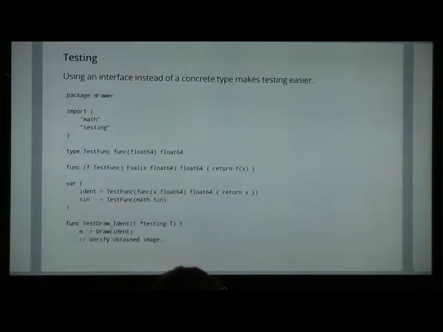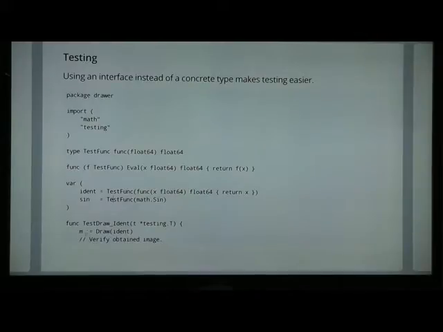And that's something really nice, because now testing the drawer is very easy. You could create a test function, which is again a function, and if you call Eval on it, it just evaluates the function that is inside. You could say, okay, I want to have this identity function that, if I get x, I return x, and I also want to use the sine function.